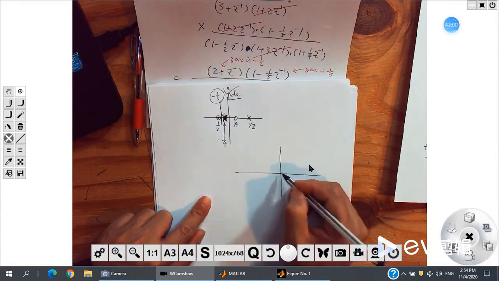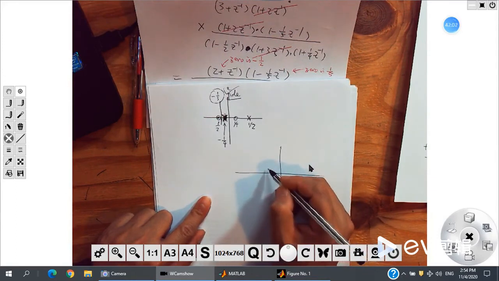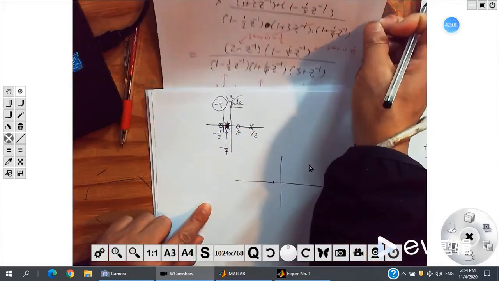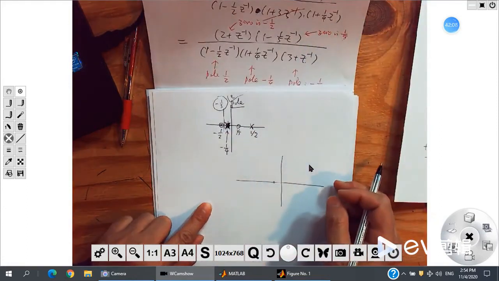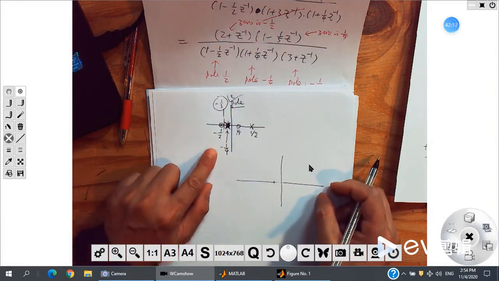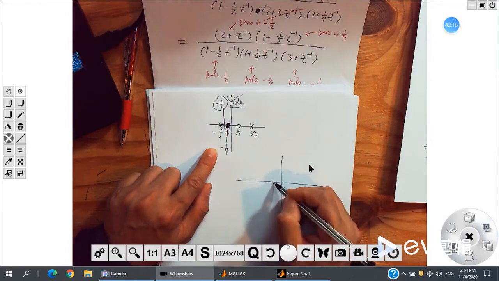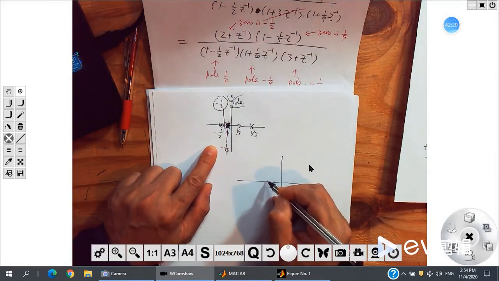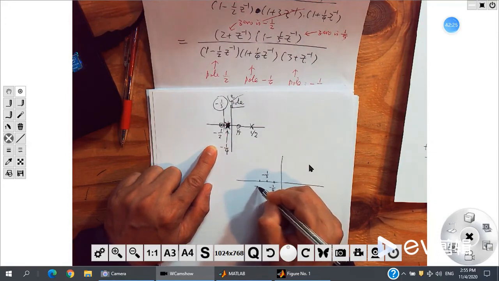I need a negative 1/4. Then -1/3. Then -1/2.